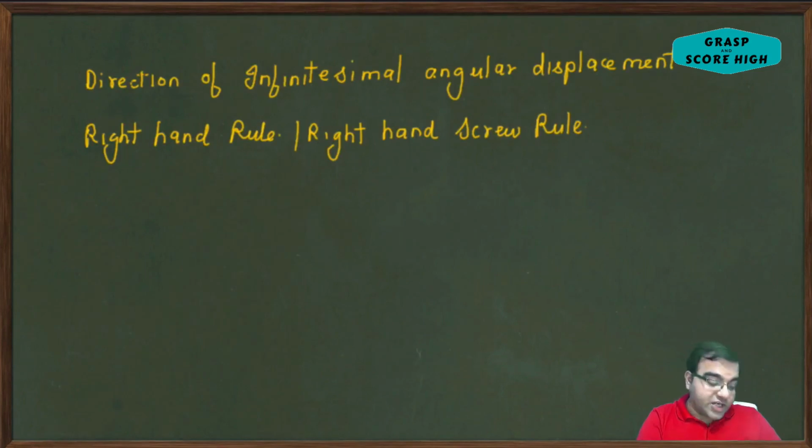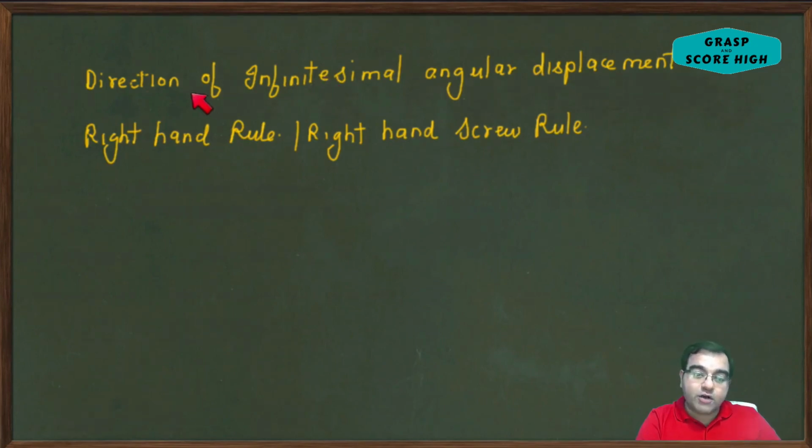Now the direction of an infinitesimal angular displacement. Remember, from now onwards we are only going to talk about instantaneous angular displacement, because an instantaneous angular displacement is a true vector as it has magnitude plus direction plus a unit. At the same time, it obeys the commutative law and the associative law of vector addition.